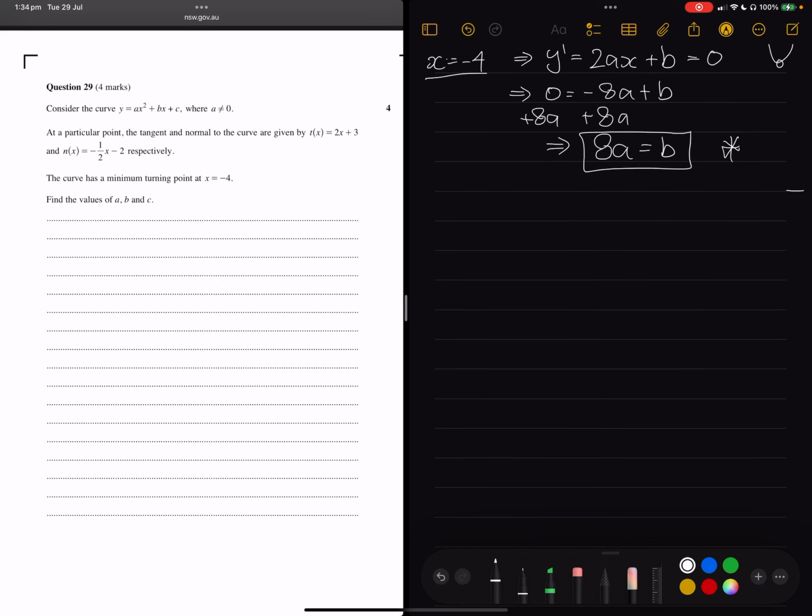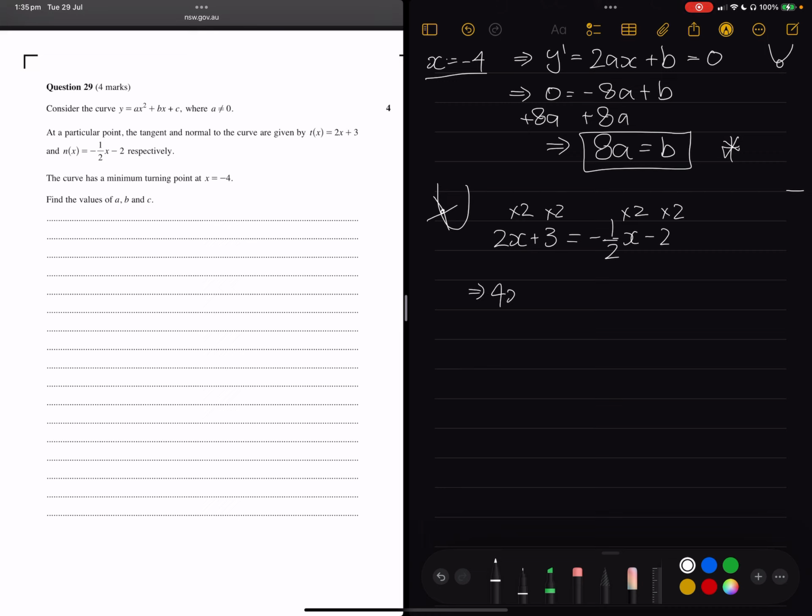The other detail we're given, slightly harder to deal with, is the tangent and normal. Well, tangent and normal intersect at a point on the function, right? If the parabola looks like this, and this is the tangent, this is the normal. So we're going to set these functions equal to one another. So we get 2x plus 3 is equal to -1/2x minus 2. We're going to solve this, multiply everything by 2, just to get rid of the fraction.